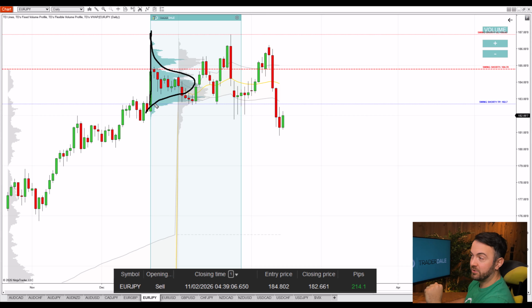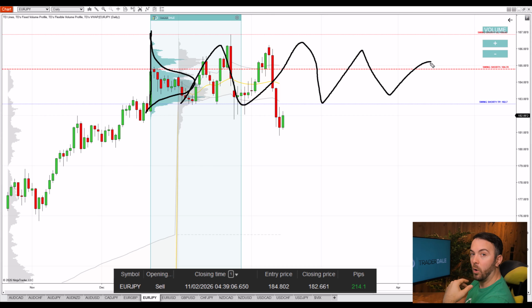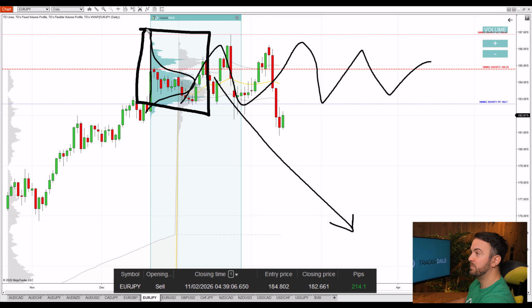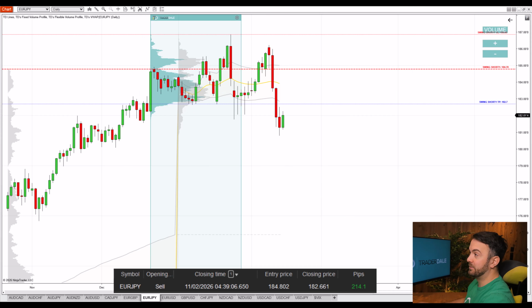Either the uptrend stopped and now the market will rotate, or the uptrend stopped and now the price will go down, right? This is what the B-shaped volume profile after an uptrend tells us. So that was the first reason why I was okay to start looking for short trades.